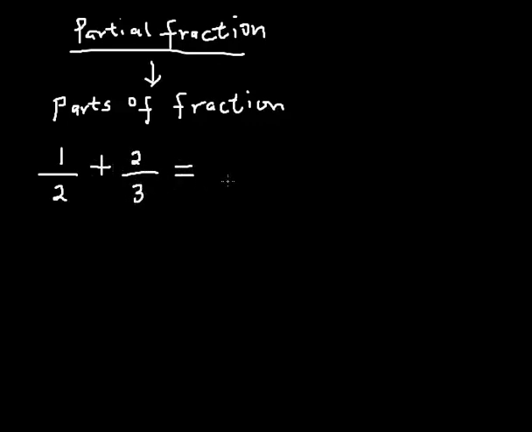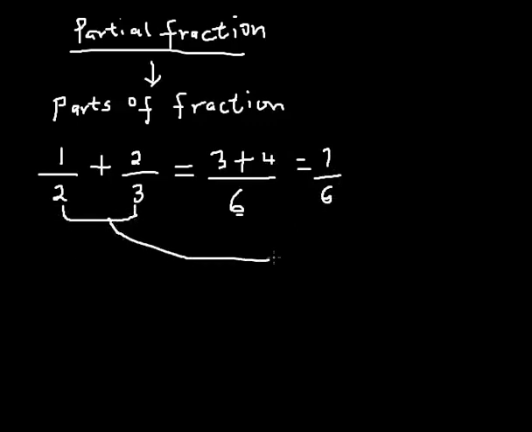If you are to simplify this, of course the LCM is 6. 6 divided by 2 is 3. 3 times 1 is 3. 6 divided by 3 is 2. 2 times 2 is 4. So when you add this together, you're going to have 7 all over 6. So you discover that simplifying these two fractions actually gives you one single fraction.